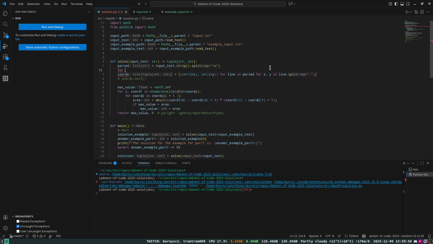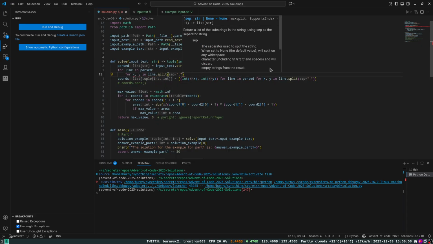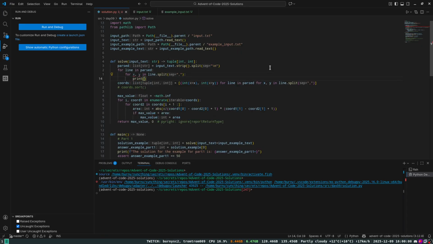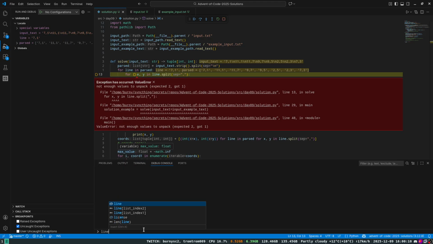Isn't it the same as for line in path for y and line split?